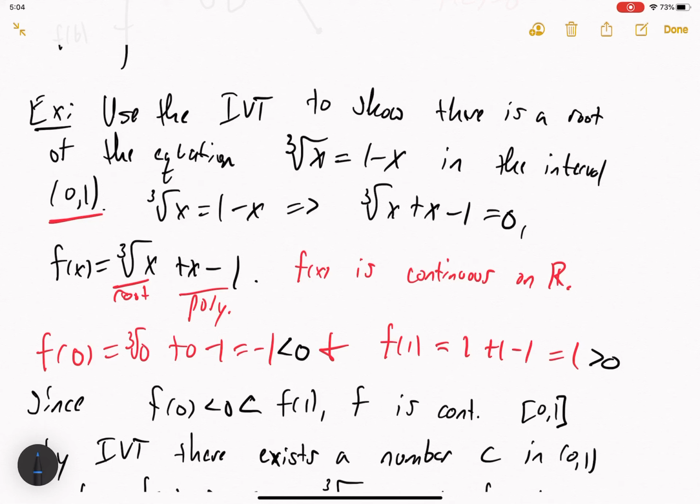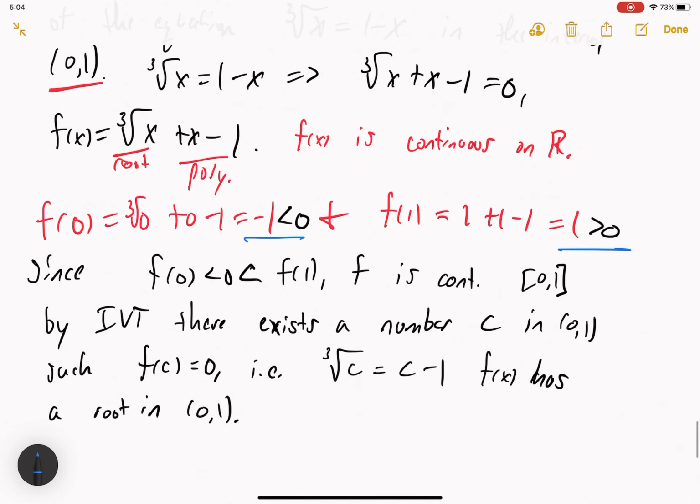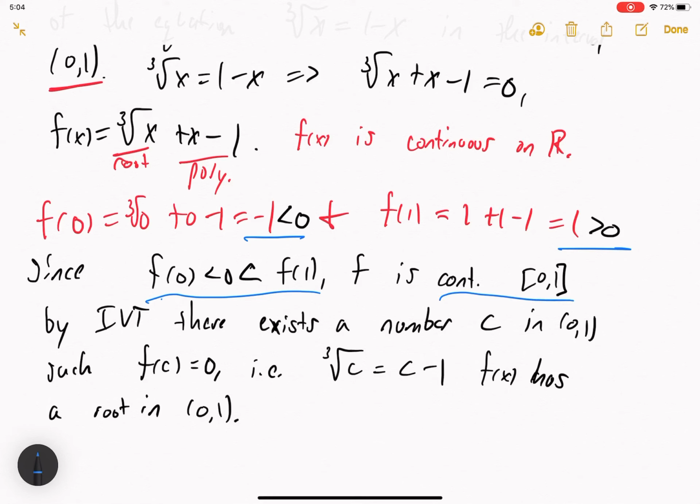Then we plugged in f of 0, and we got that it was negative. We plugged in f of 1, and we got that it was positive. Since one's positive, one's negative, and it's continuous on 0, 1, including the endpoints, we can use IVT to show that there exists a number C in the open interval 0, 1, so somewhere between 0 and 1, such that f of C is equal to 0. Or, it has a root in 0, 1, however you want to say that.